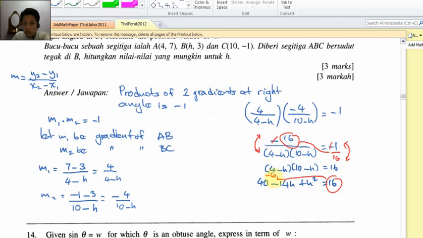So h squared minus 14h, and then 40 minus 16 becomes 24, equal to 0. Then we can factorize.